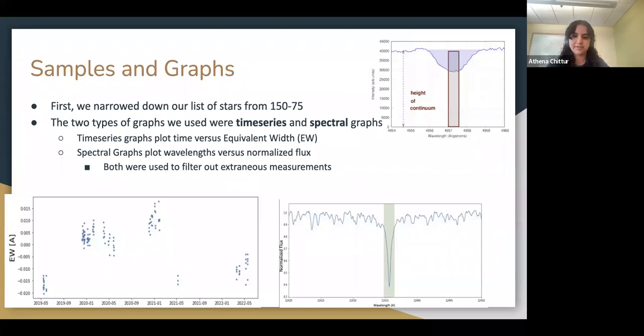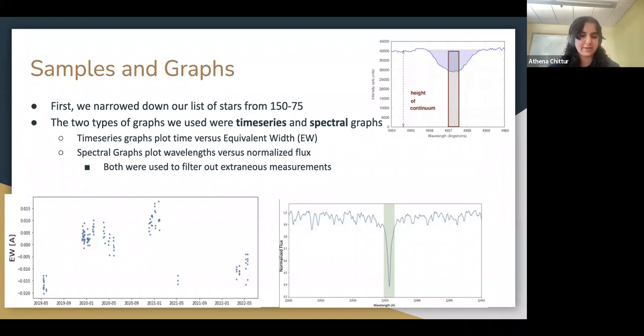Dips in spectral graphs tell us that there is a presence of a particular element. Any dips that you see on the bottom right graph are the presence of an element, and shaded in green is potassium-1. So it's very easy to pick out among the rest of the spectrum.